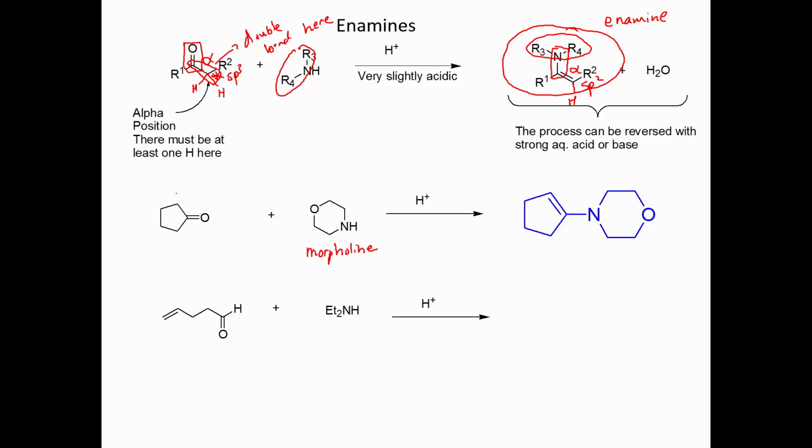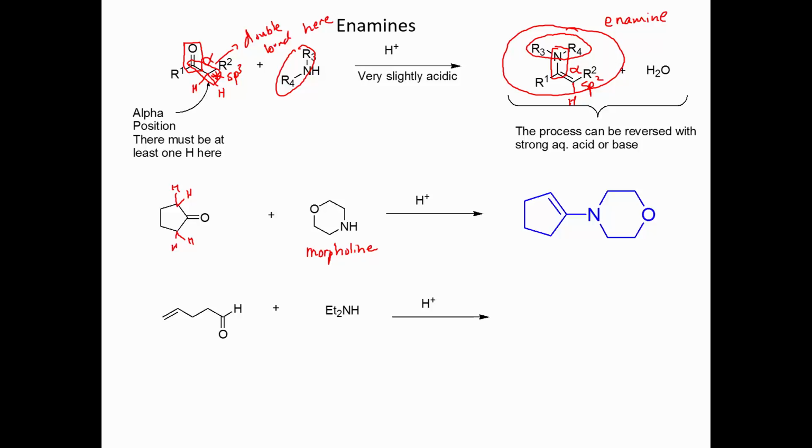Recognize that there are a lot of alpha hydrogens in this molecule. If I removed one of these down here below the carbonyl group, I would just draw the compound where the double bond was going down, but that's symmetry equivalent to what I actually have here. Okay, this compound reacting with diethylamine.